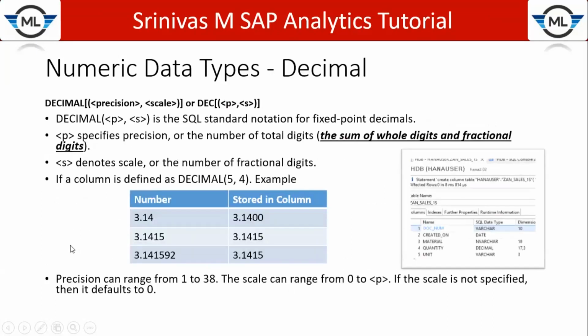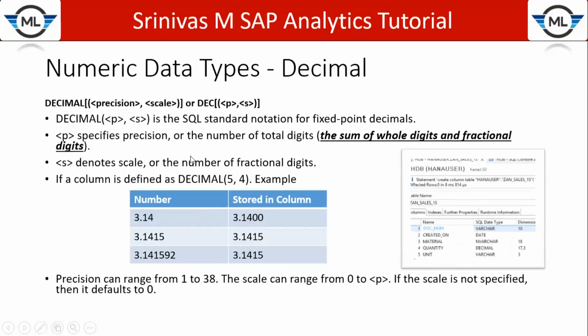So going to next, decimal. Here we are going to talk about the decimal data type and how we define it. Before going into this, let me show you on the screen. Here you see quantity. Quantity is of type decimal, and in the length column, I gave two values, 17, 3.